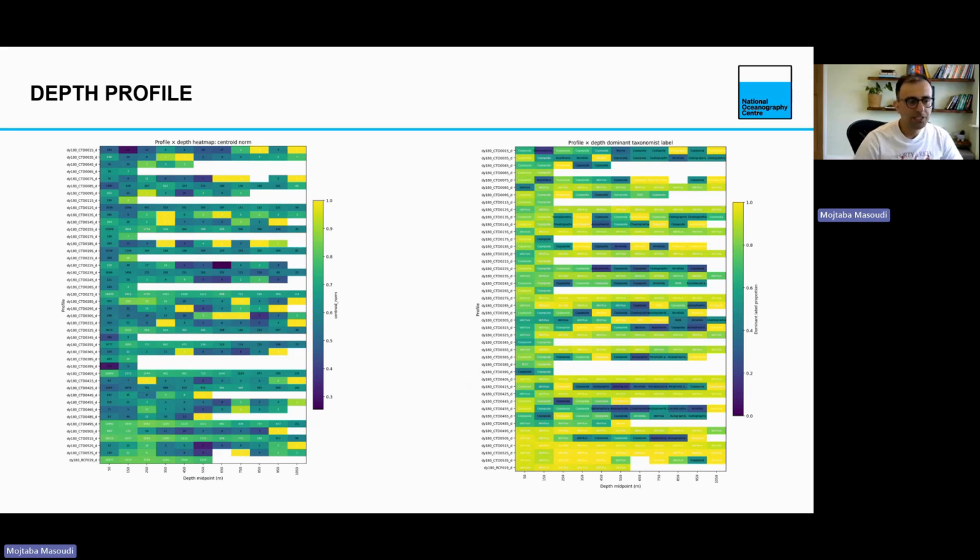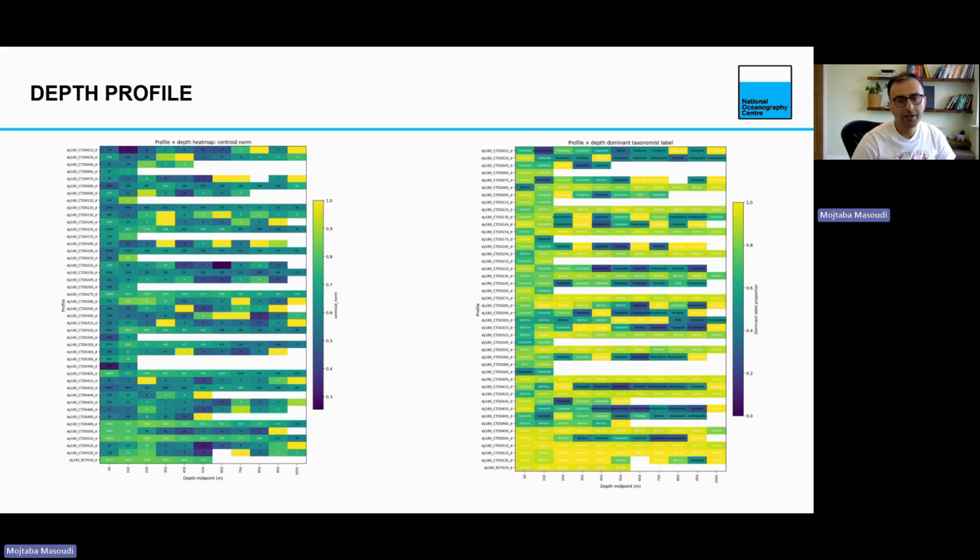We have resolutions for the deployment based on the different depth bins. On the left side, I show how the centroid norm looks, and I colored it so that if it's higher it's brighter, and if it's lower it means the community is diverse, not as aligned, and the color is darker. And you can compare it with the taxonomist label, which relatively follows the same patterns.